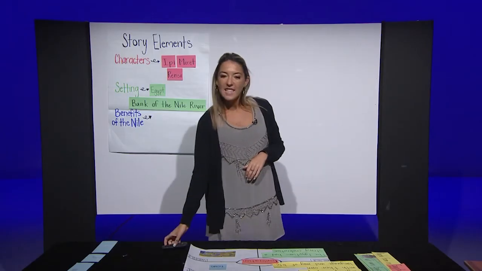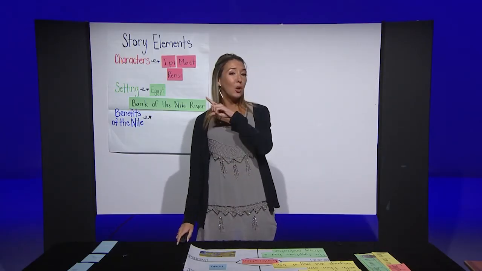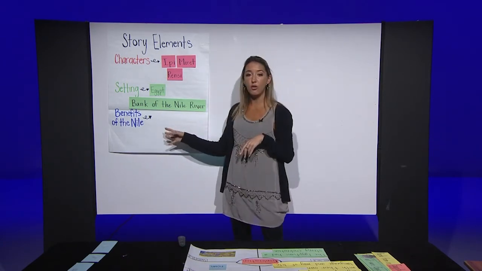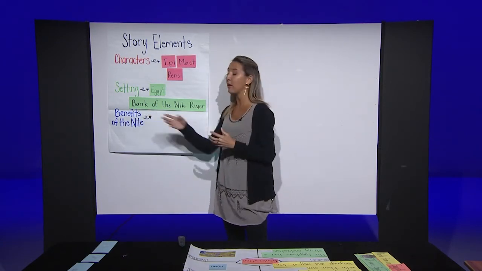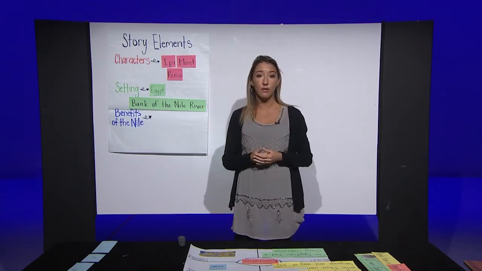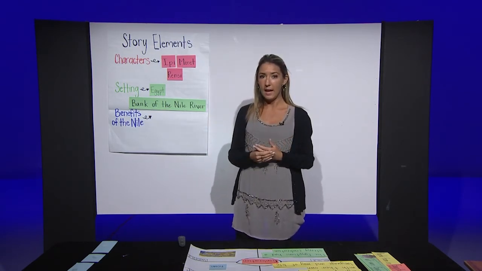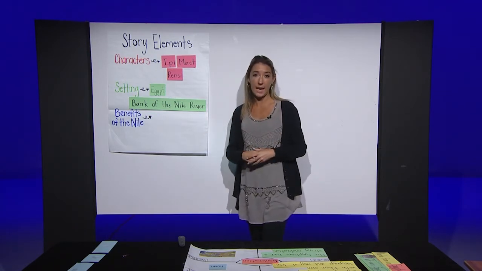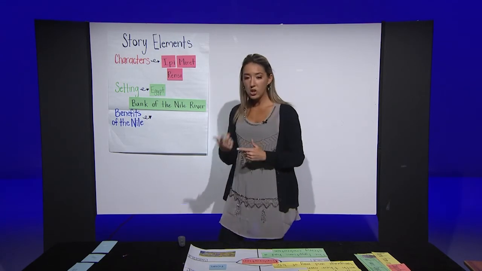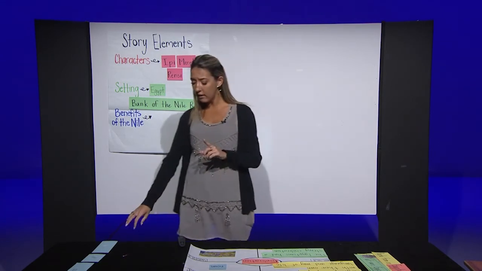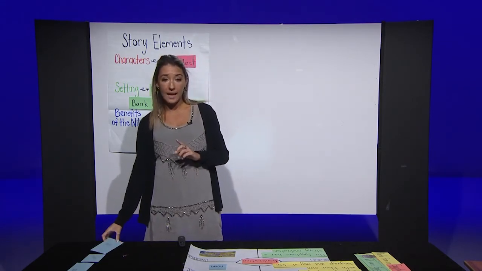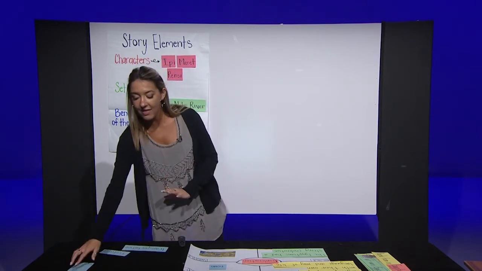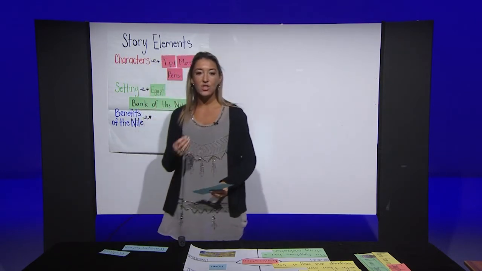All right? Now, I asked you before we started reading to pay attention to what was important from the Nile. So we're going to talk about the benefits that the Nile River gave us. A benefit means that it's something positive, a good thing that came from it. So let's do one of them together. One thing that the Nile River gave the Egyptians was one of our vocabulary words, the enriched soil.